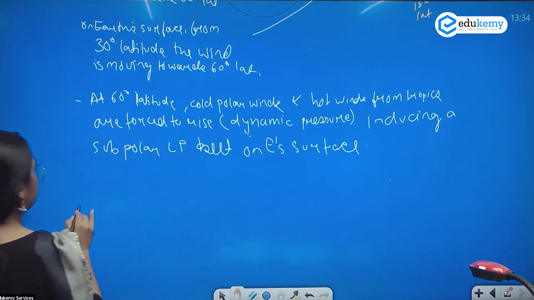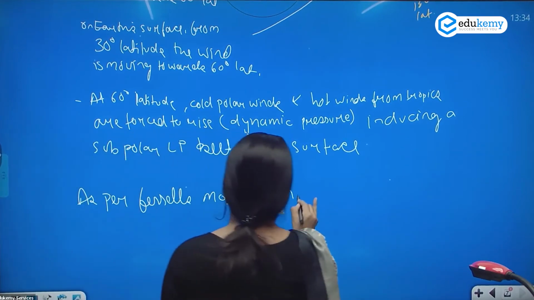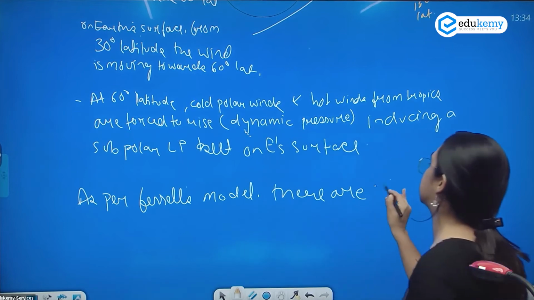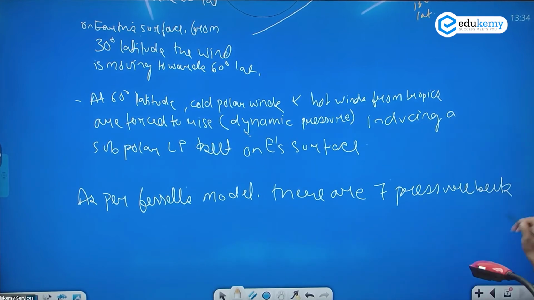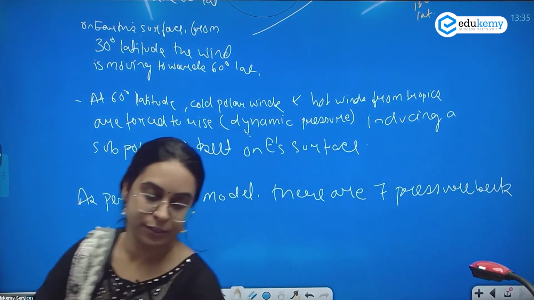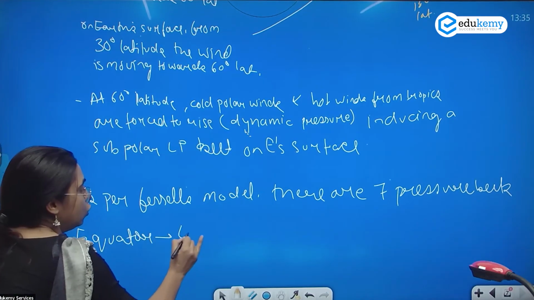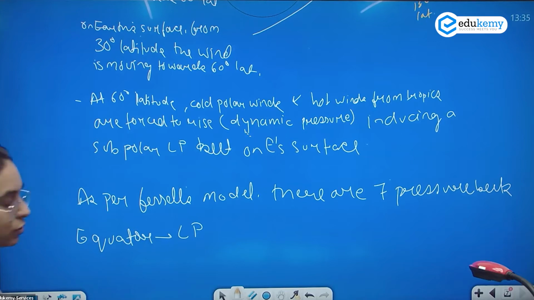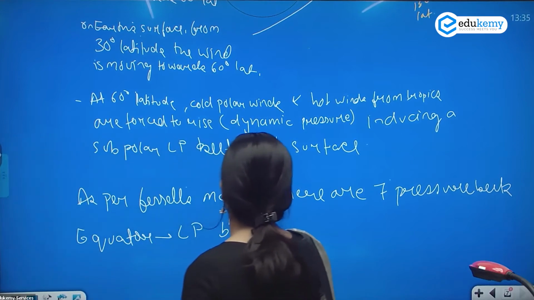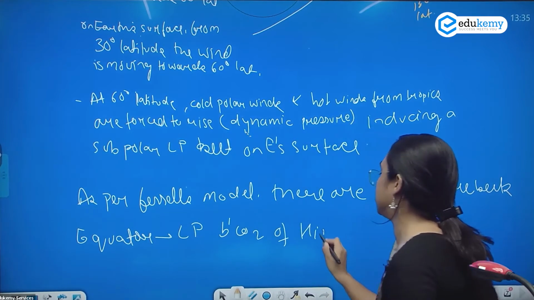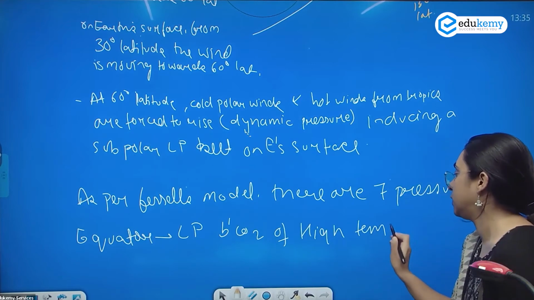As per Ferrel's model, there are 7 pressure belts. Equator, low pressure, because of high temperature.